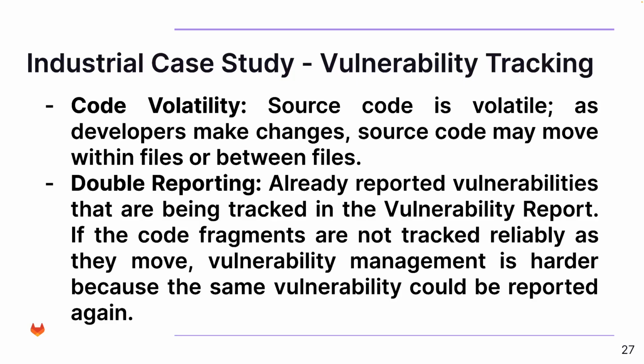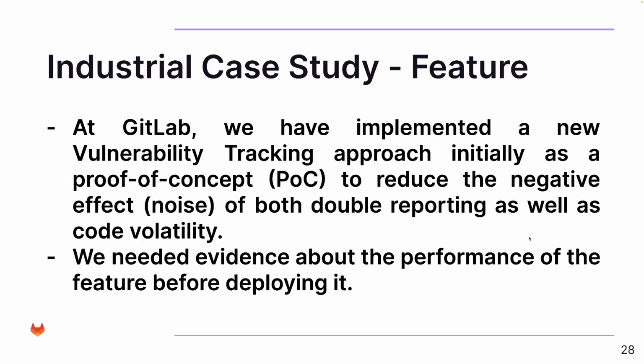We have to figure out a way to match the finding from today with the one detected yesterday. This is the code volatility problem. To solve these two challenges, we implemented a new vulnerability tracking approach, initially as a proof of concept, and we wanted to reduce the negative effect of double reporting as well as code volatility.